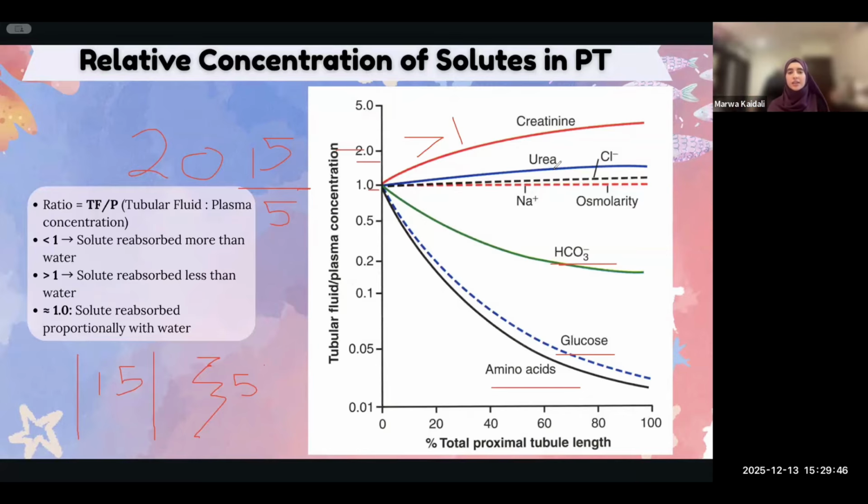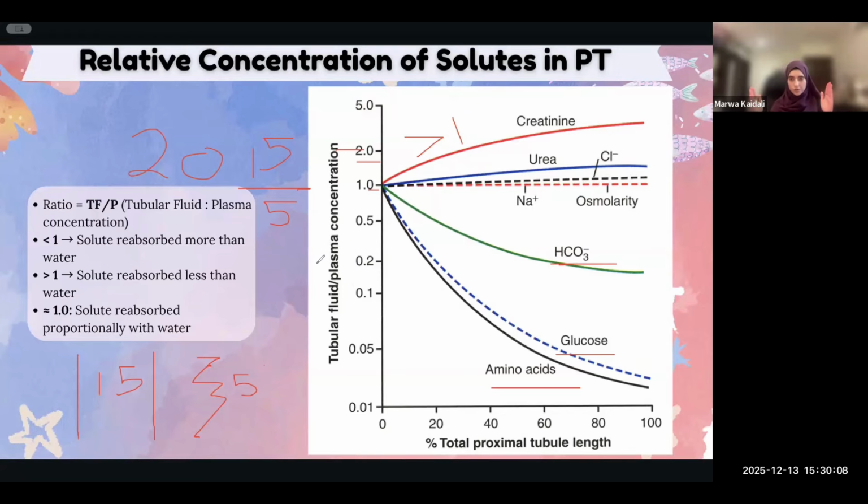Okay, now for chloride, I know this one might be a little bit confusing because we talked about how chloride gets reabsorbed, and how we had a high concentration of chloride that got reabsorbed in the second half of the proximal tubule. But clearly, this graph is telling us that the ratio of chloride is more than one, or slightly more than one. Now, why is that? It's because of the same logic as urea.